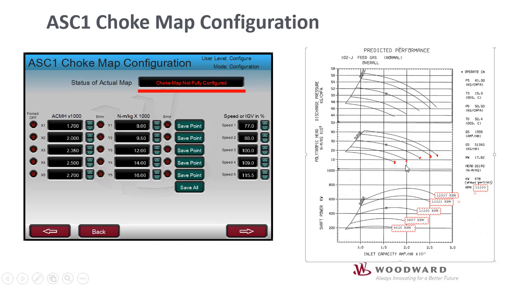If you put your efficiency curve behind this curve, you will find that corresponding to this speed curve, we have the lowest efficiency in the efficiency curve. So this is selected as your first choke point, and the corresponding Y factor will be entered as Y1. Once we are done with that, click on save all, and then we'll get the final map display.